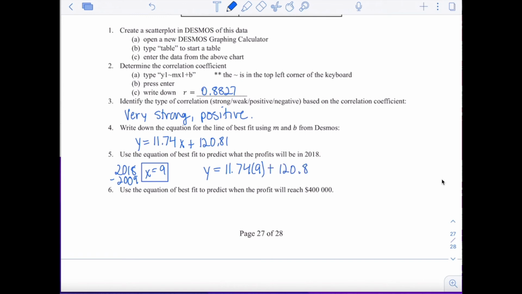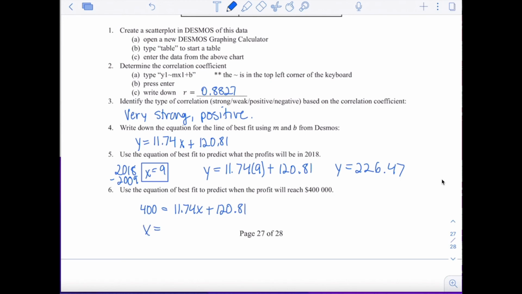So now what I can do is just sub that directly into my equation of best fit. This is better than just looking at the graph and taking a guess. So y is 226.47 when I put that in my calculator. So now I can use my equation of best fit to predict what year the profit will reach 400,000. So I can put 400 in for y, and I will use my calculator.